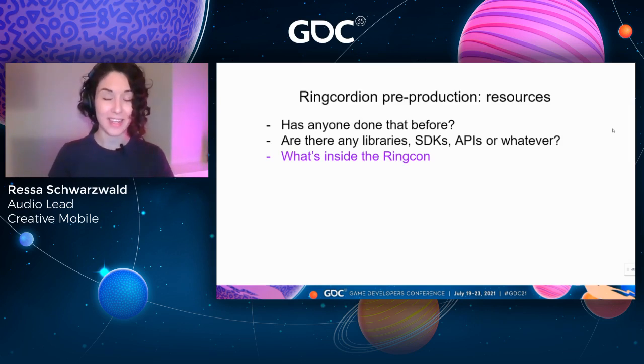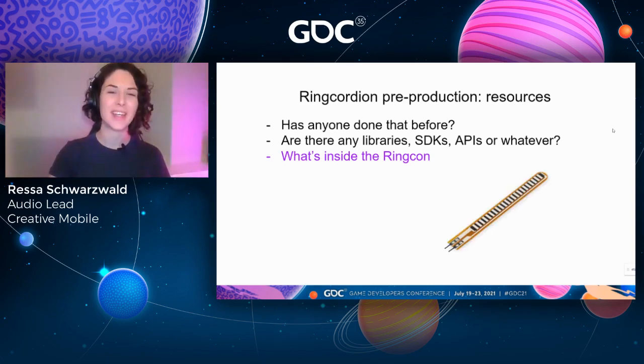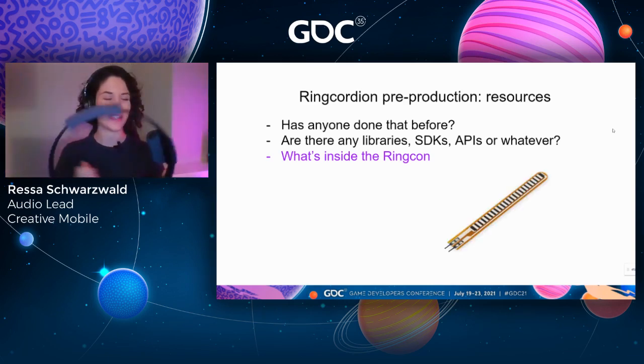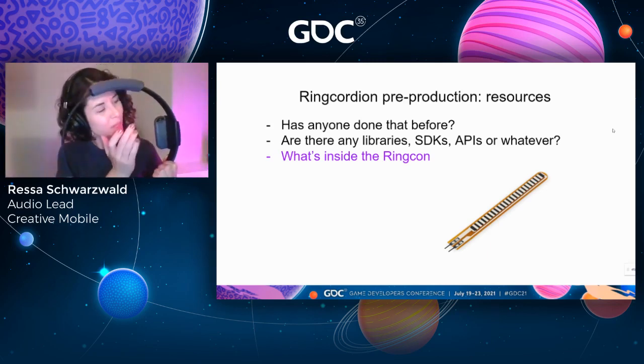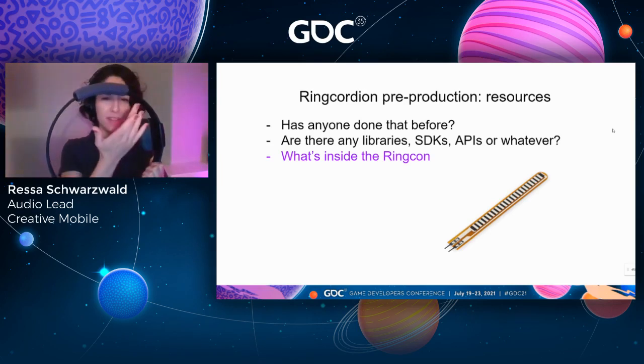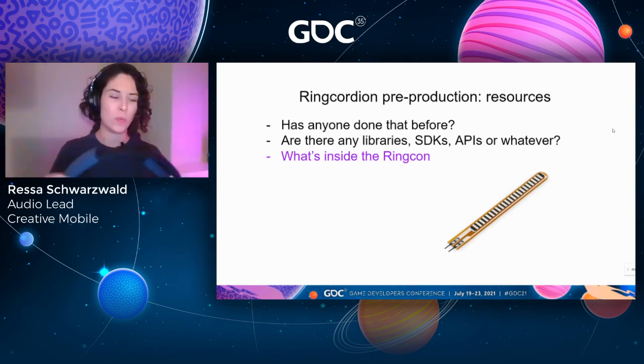Luckily, I found a video on YouTube which explained what was inside the Ring-Con. Spoiler, it is a flex sensor, which is situated somewhere behind this panel in the ring itself. What does it do?